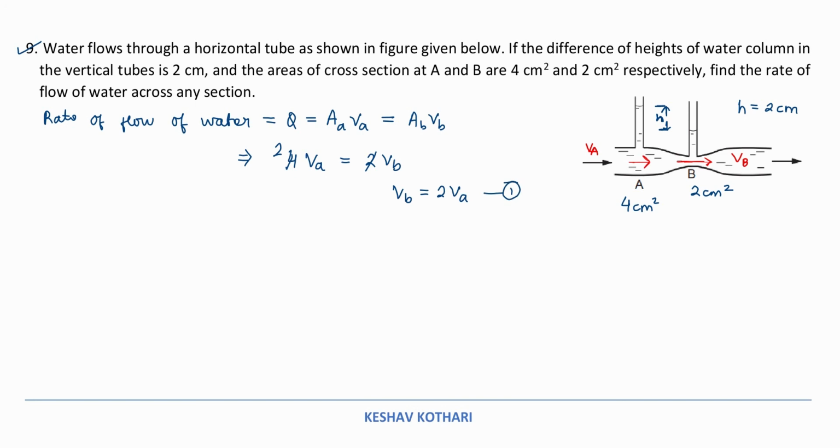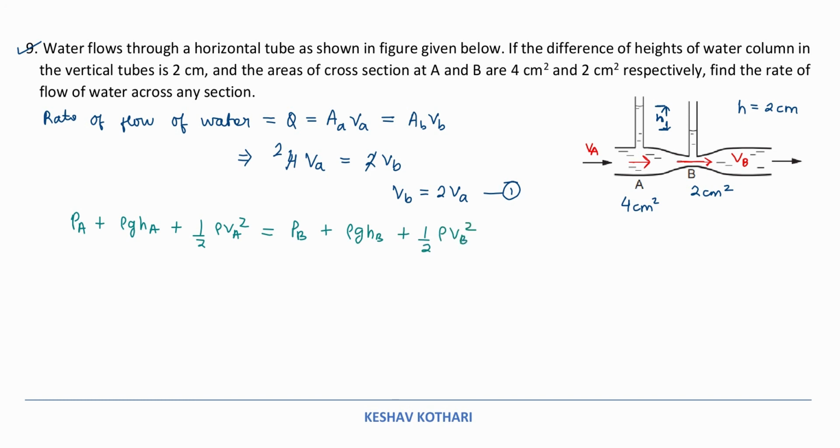Now what we do next is we apply Bernoulli's equation between the point A and B. So I can write it as pressure at A plus rho g HA plus half rho velocity at A squared is equal to pressure at B plus rho g HB plus half rho velocity of B squared.